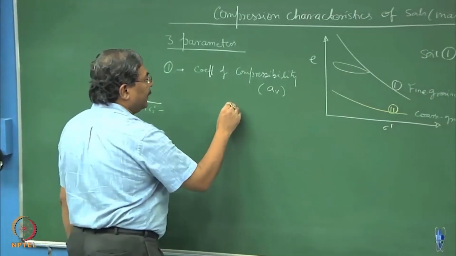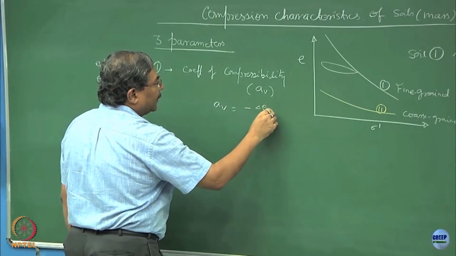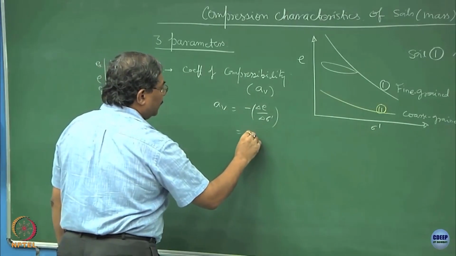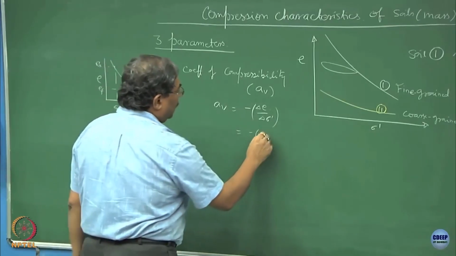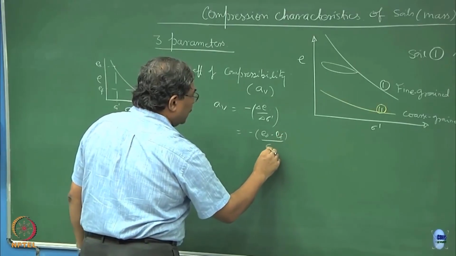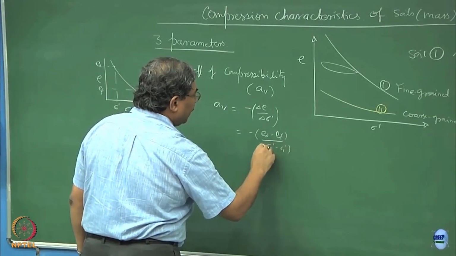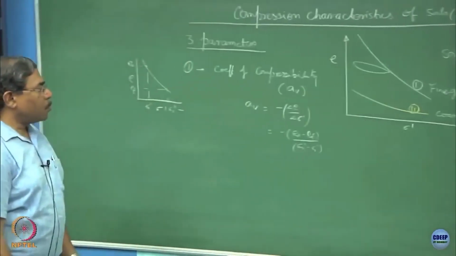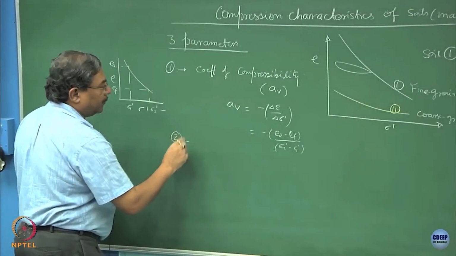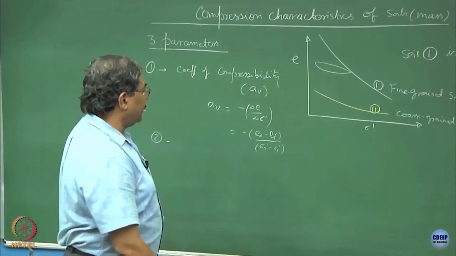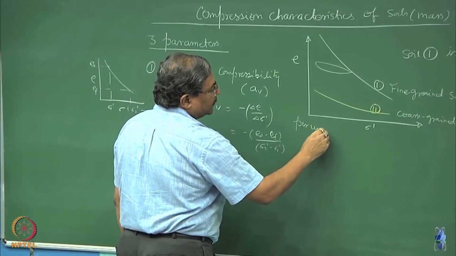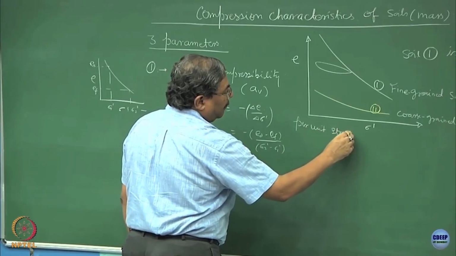So, av is defined as minus delta e over delta sigma prime, which is equal to minus (e naught minus ef) upon (sigma 2 prime minus sigma 1 prime). What will be the dimensions of coefficient of compressibility? Per unit stress. Alright.